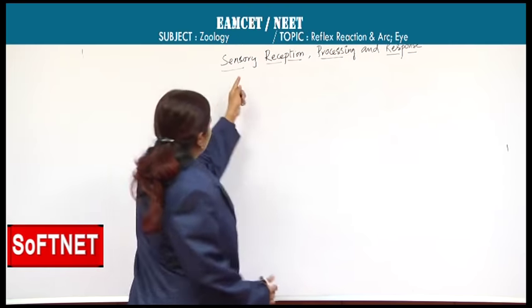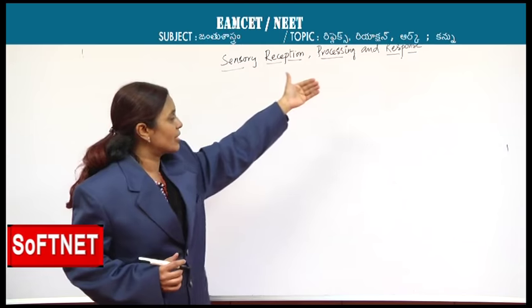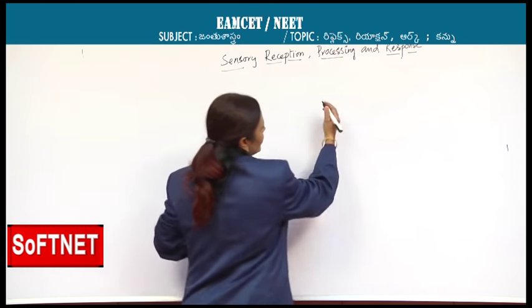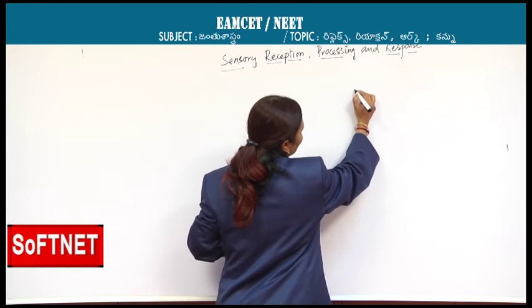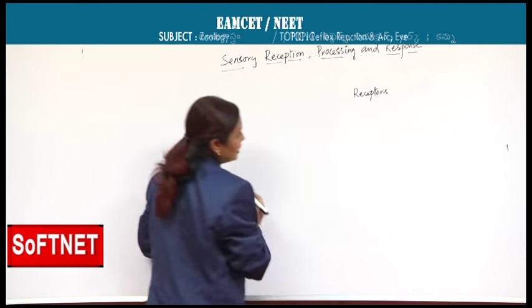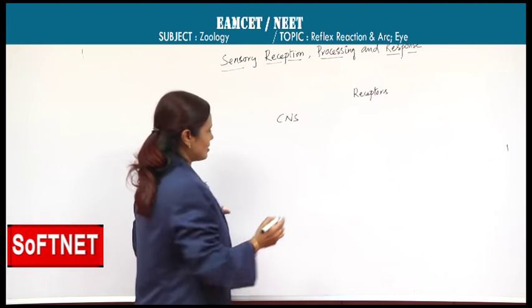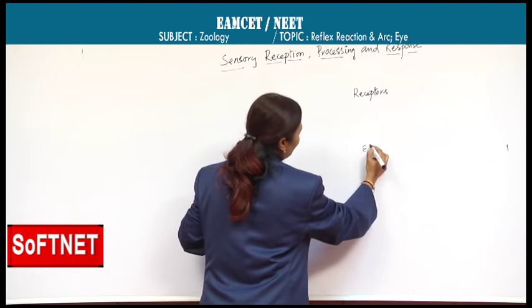Now when you look at all the three components of this heading, reception, processing and response, there are three components. One is receptors, number two is the central nervous system, CNS, and then effectors.